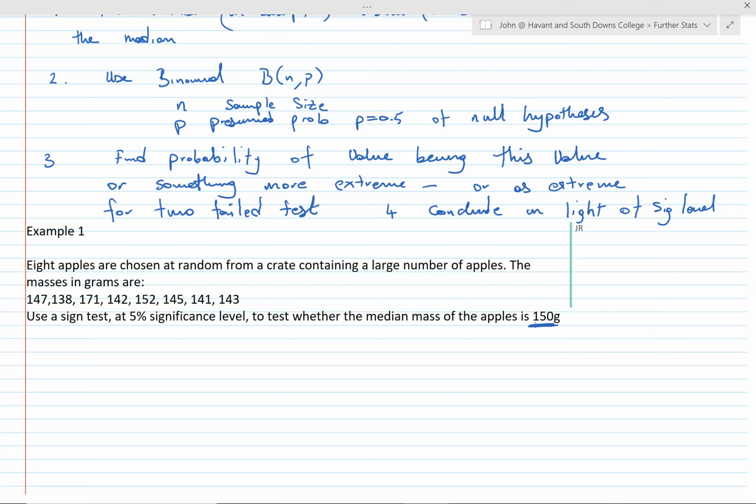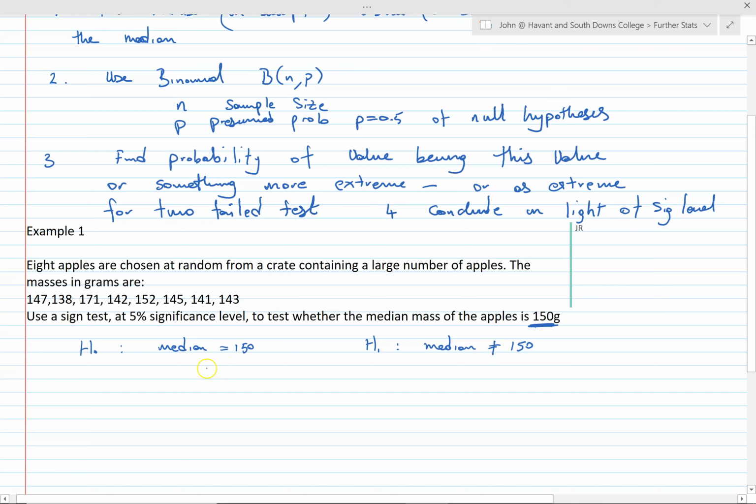So our null hypothesis here is that the median equals 150, and our alternative hypothesis is that the median is not equal to 150.